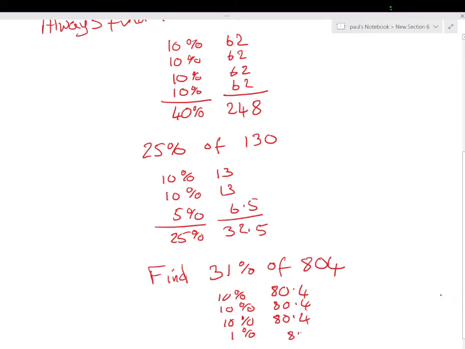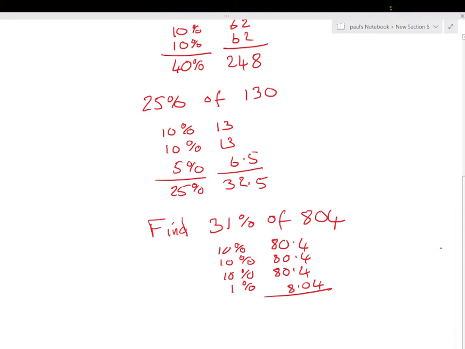So 8.04. Add them up. So we got 4, 3 fours are 12, decimal 9, 24. So 249.24.